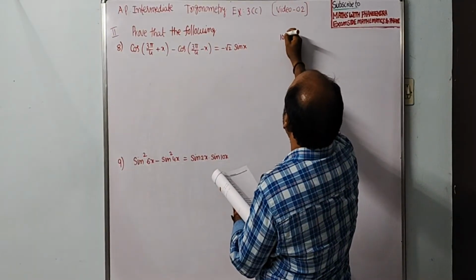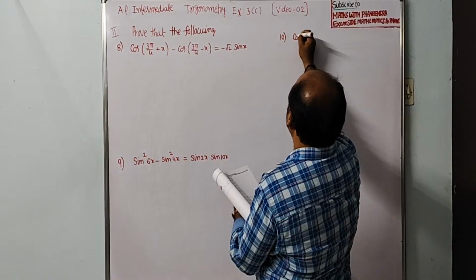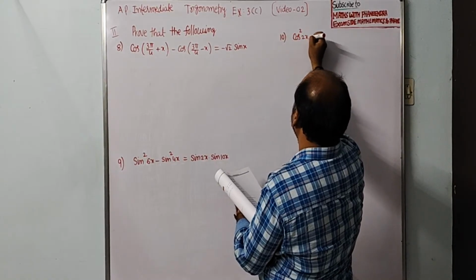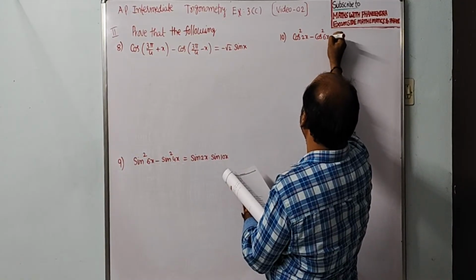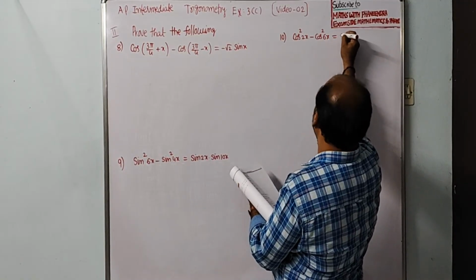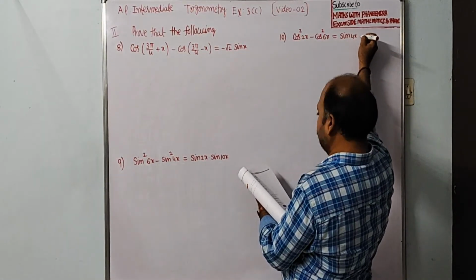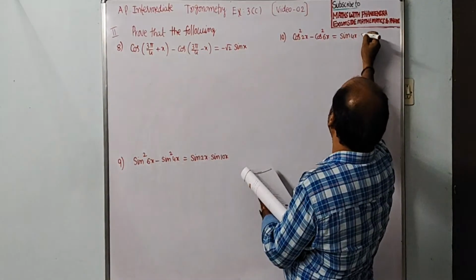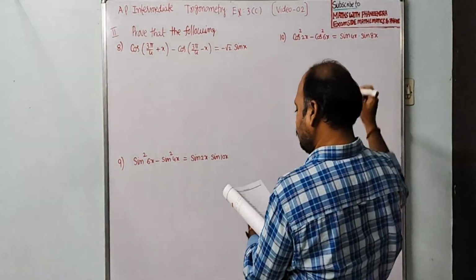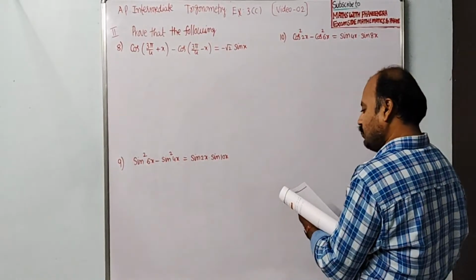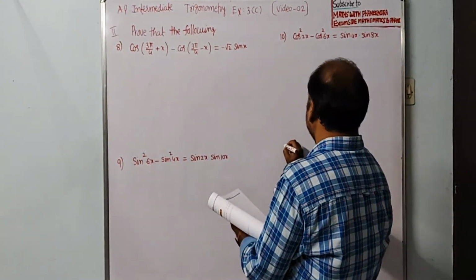Question number 10. Cos square 2x minus cos square 6x is equal to sin 4x into sin 8x. So they are asking to prove that result. Next, question number 11.